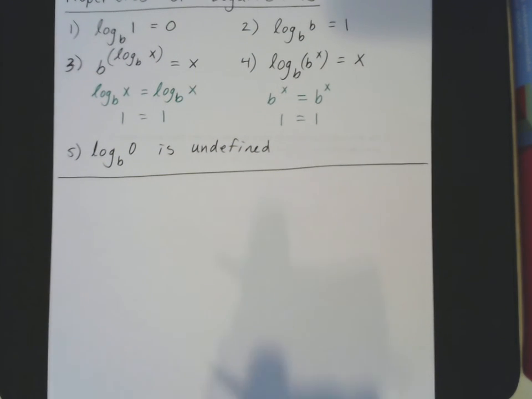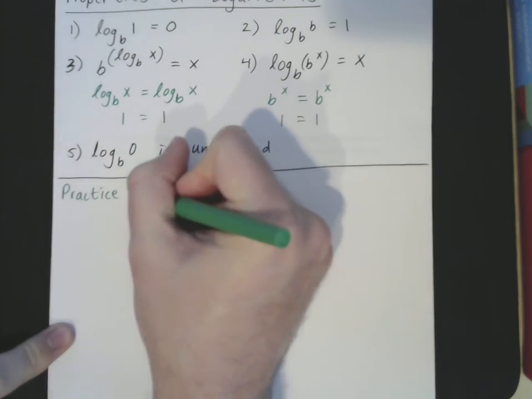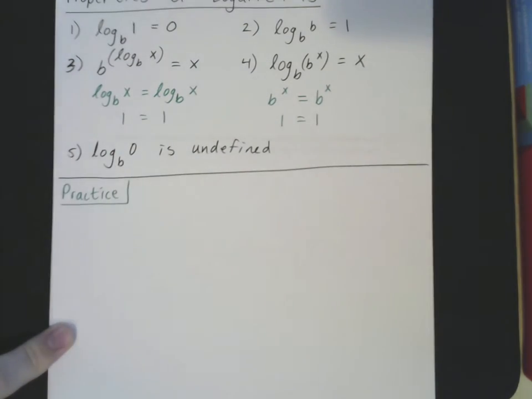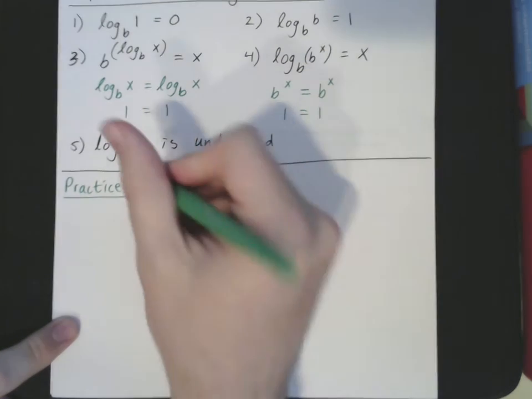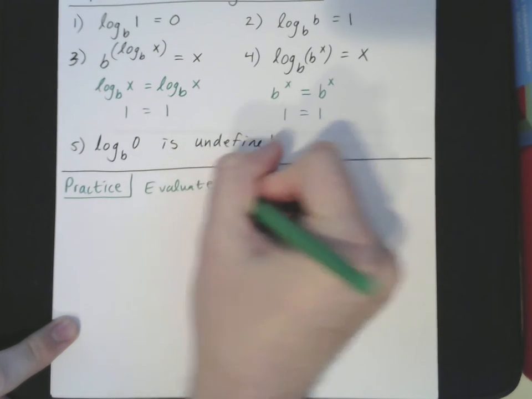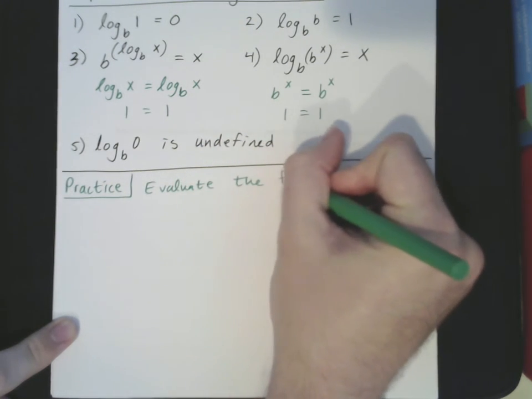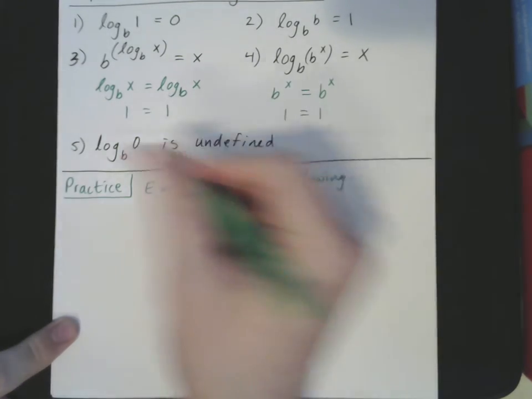So I have some practice problems that I would like you to try. So again, like we've been doing, pause the video and try these out. So we're just evaluating. And this is just getting you some practice using these properties here.